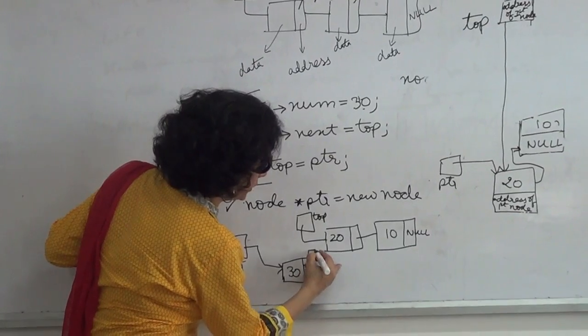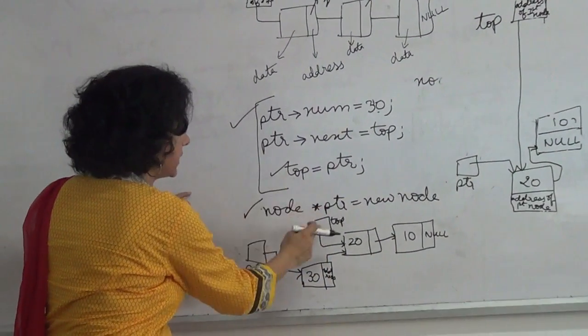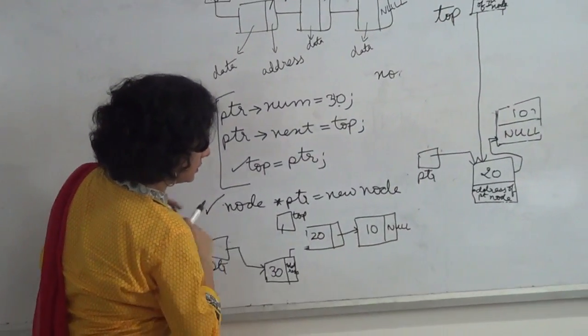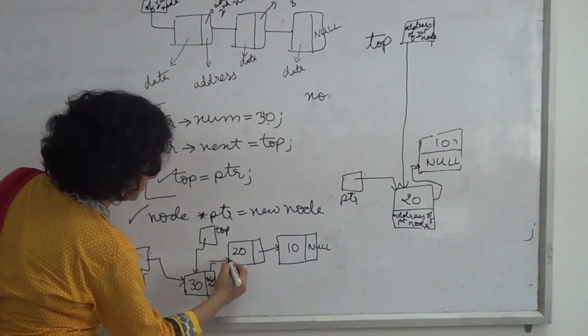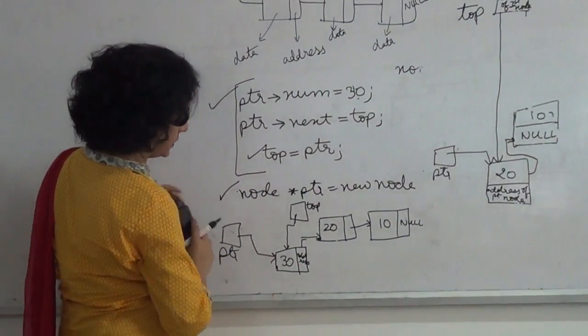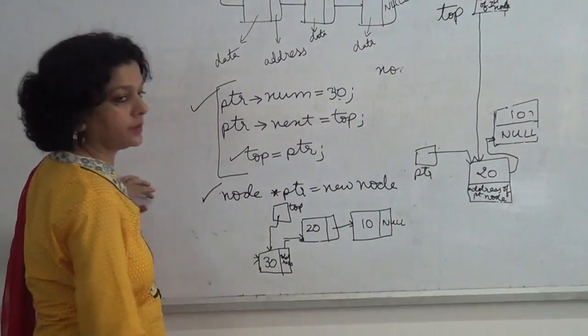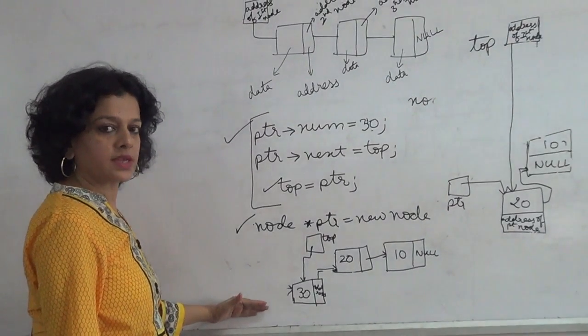So it will point to this node. And top will contain the address of ptr. It means top will now contain the address of this node. And when the function ends, this ptr variable will be deleted from the memory. So this is how we can add more and more nodes to our stack.